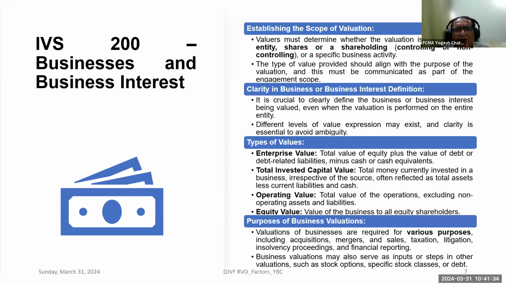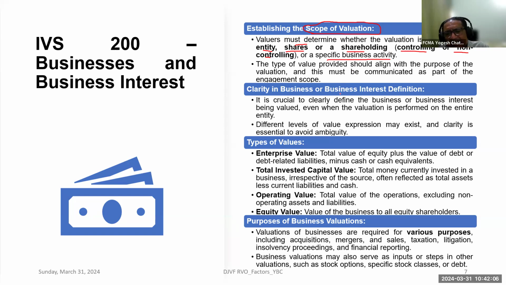Moving forward, scope of valuation is very vital in any type of assignment. IVS 200 also covers how to establish the scope of work. A valuer must determine whether the valuation is for the entire entity, or shares or a shareholding, and within shareholding, whether that is a controlling or non-controlling right, or a specific business activity.